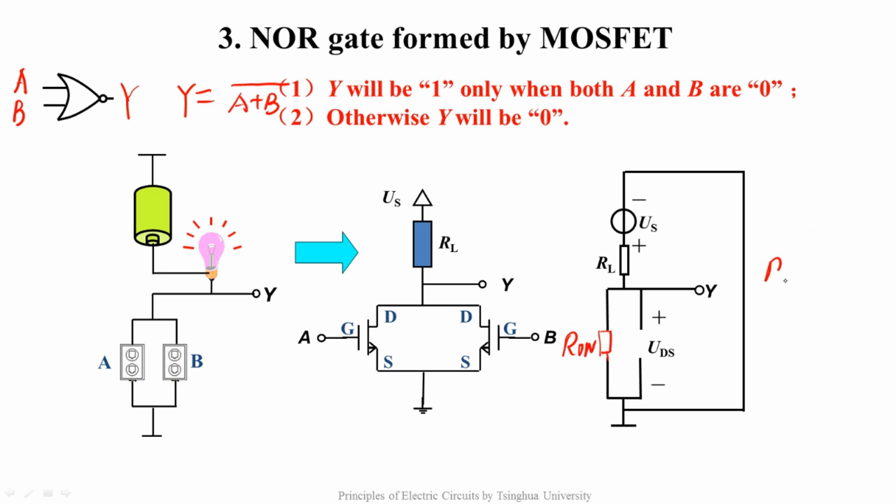Similarly, if RL is far larger than R on, this circuit will realize the logic of the NOR. So how to form the OR gate? Based on previous knowledge, there's no doubt that we can realize this logic.